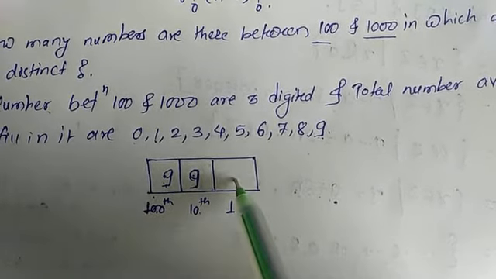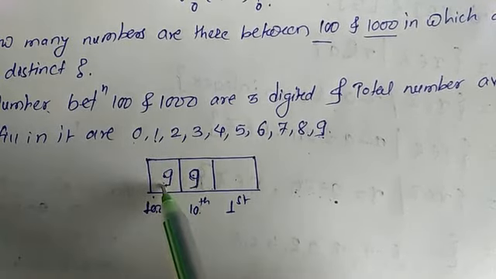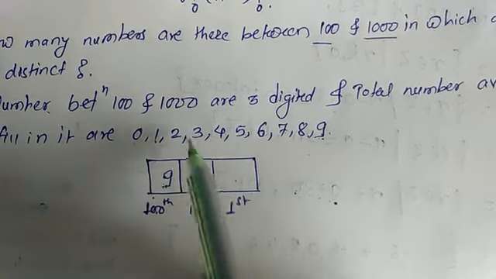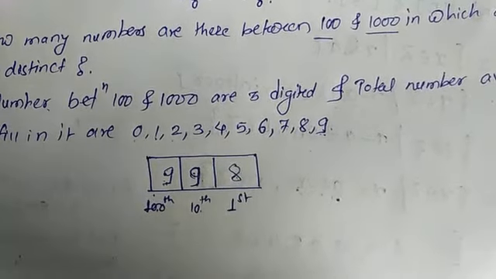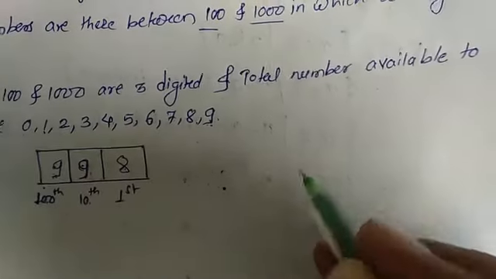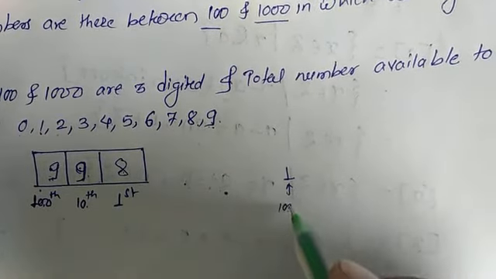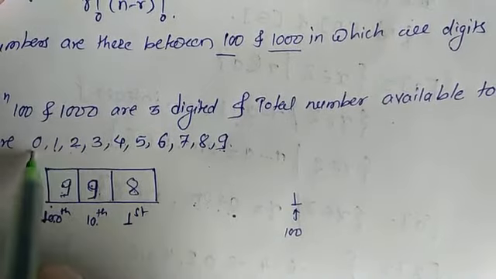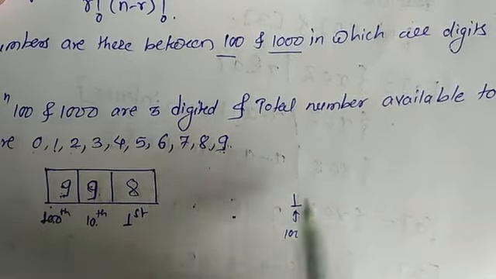And for the unit place, from these 10, two numbers are used: one at the 100 place and one at the 10th place. So there are 8 possibilities for the unit place. For example, if I consider 1 at the 100 place, the remaining possibilities are 0, 2, 3, 4, 5, 6, 7, 8 and 9 at the 10 place.